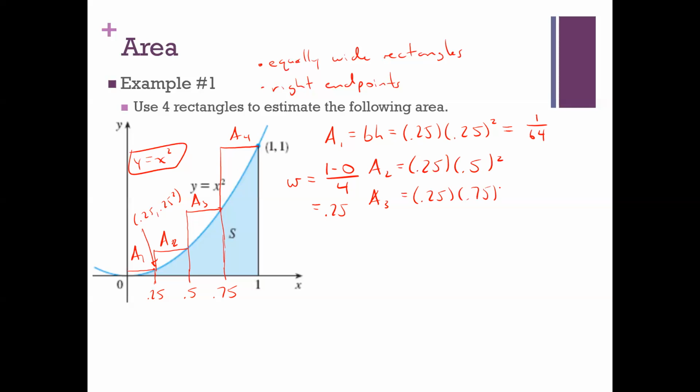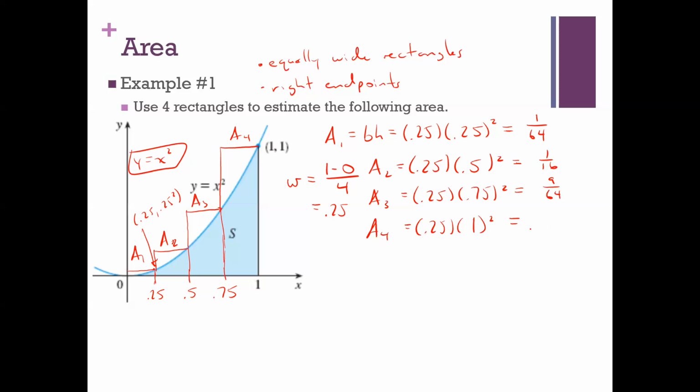So basically, it's a fixed width for all these little subintervals. And if anybody wants to add those up for me, 0.25 times 9/64.